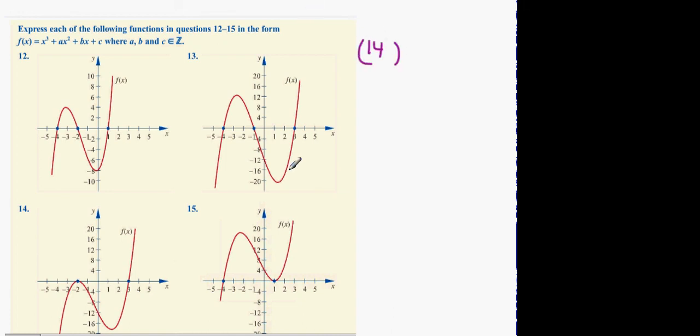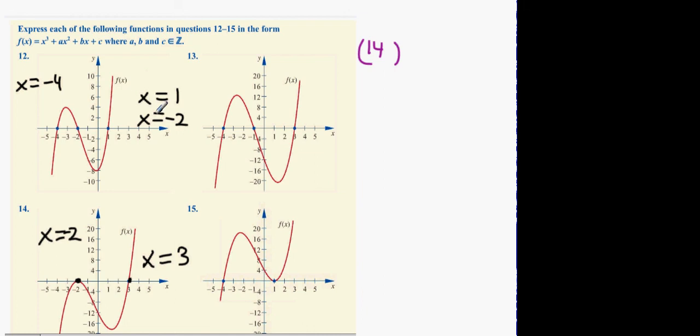For example, this one crosses at x equals 2, this one at minus 2, and this one at x equals 3. Unlike the other ones, where it's x equals minus 4, x equals 1, x equals minus 2, it's exactly the same as questions 6 to 11. You're just getting the roots from the graph.